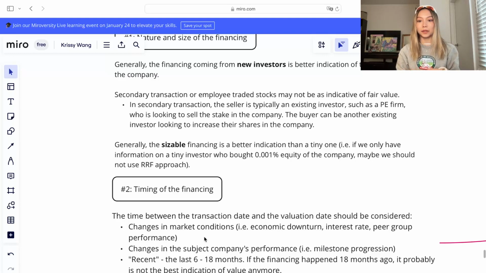If the financing happened more than 18 months ago, like say 10 years ago, that's the last time they raised funding, which is very rare but can happen, it probably is not the best indication of value anymore because too much time has passed. It's no longer super relevant for valuation purposes.